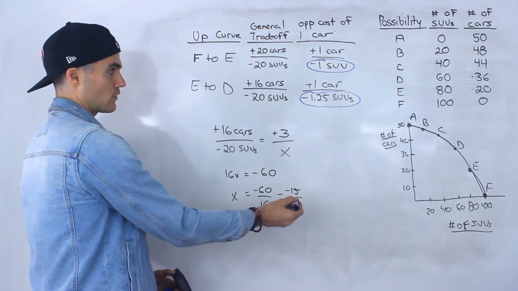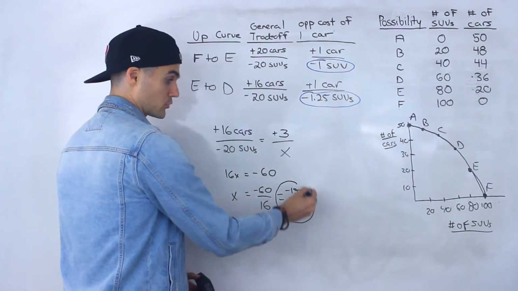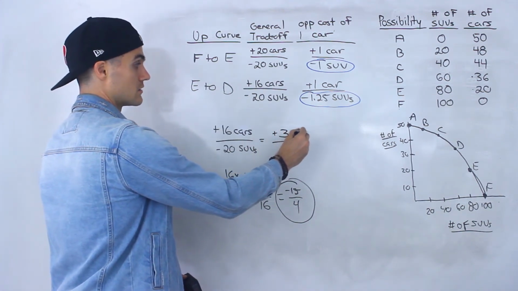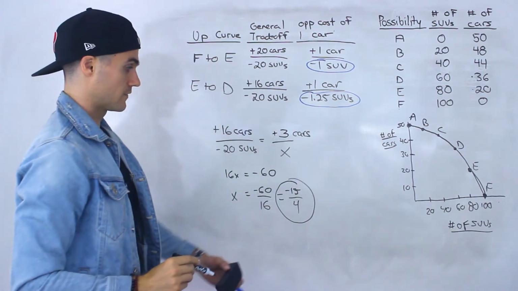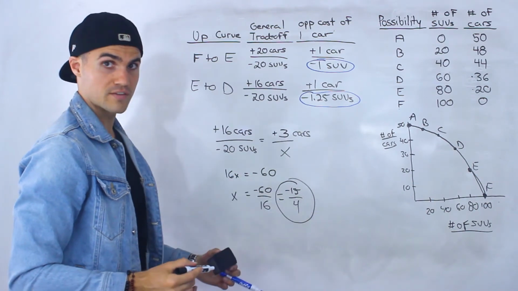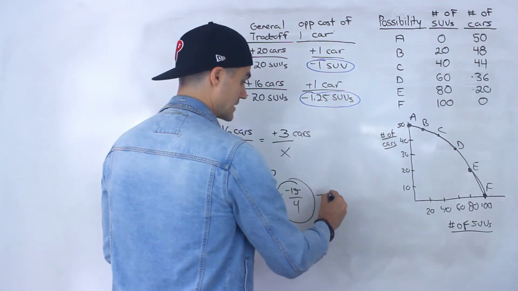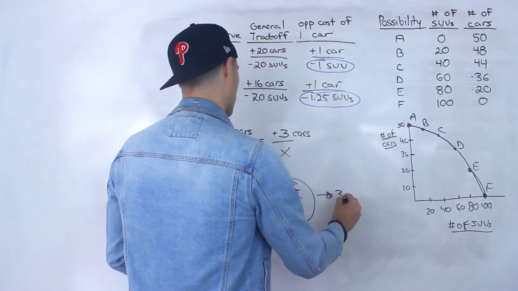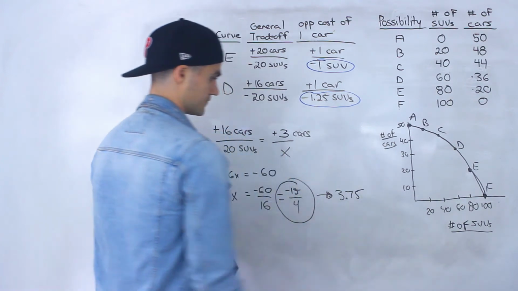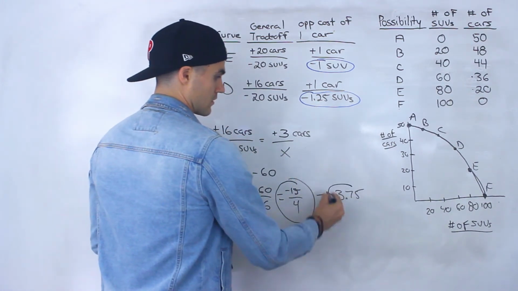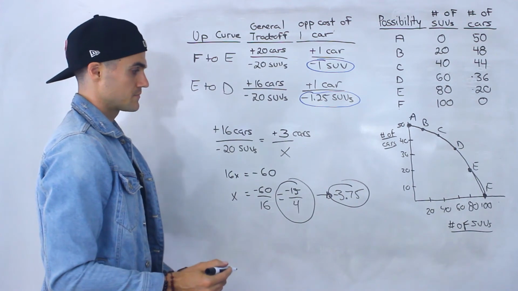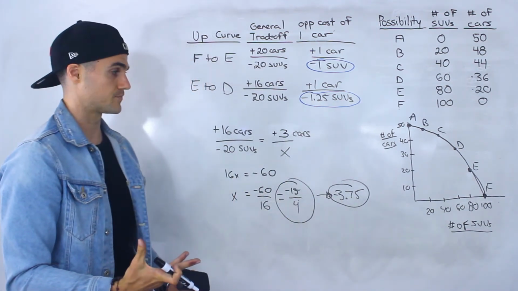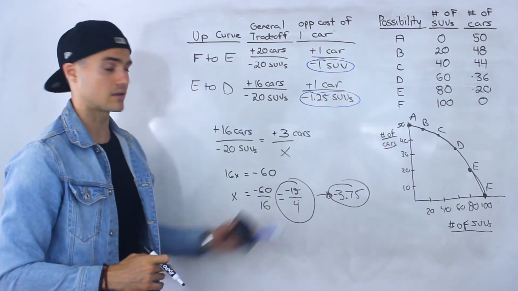That can't simplify further, so a multiple choice answer might be that. So the opportunity cost of 3 cars in this interval is 15/4 of an SUV. Or it might be in decimals, so 15/4 is 3.75 SUVs. So a multiple choice question can have either of these answers, so make sure you're comfortable with getting either.